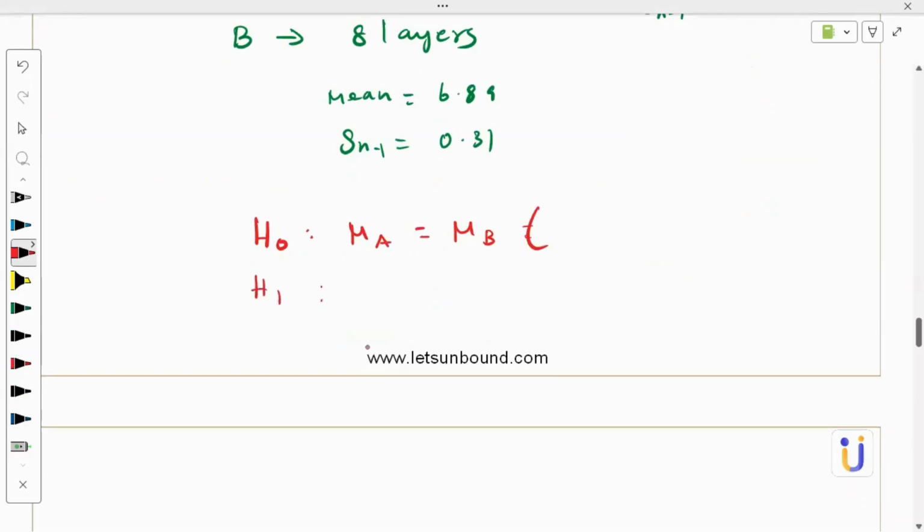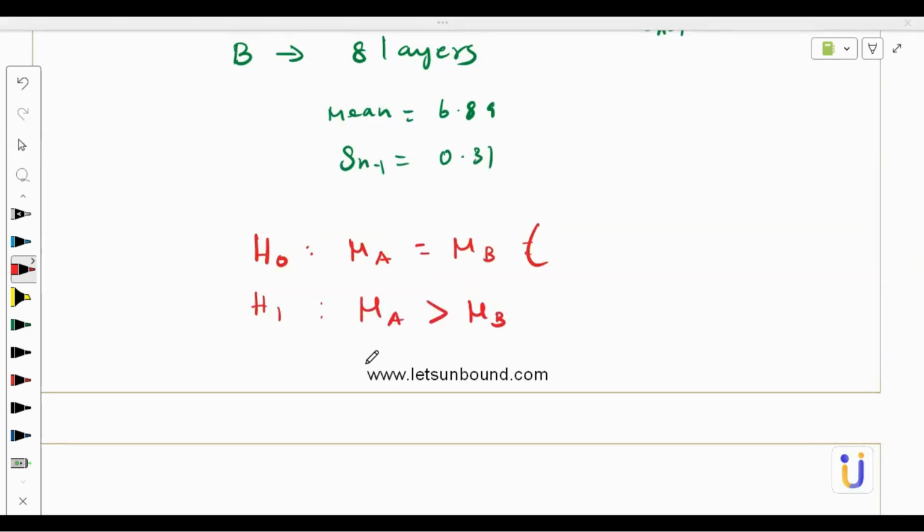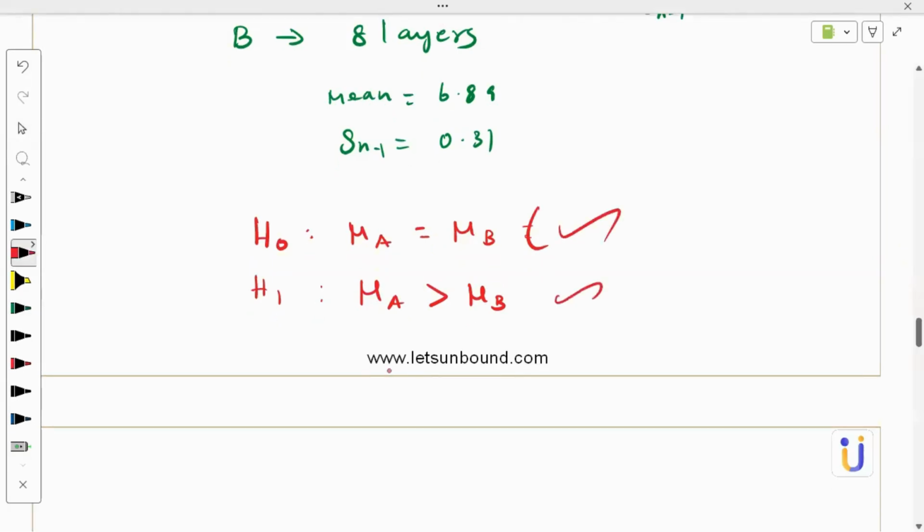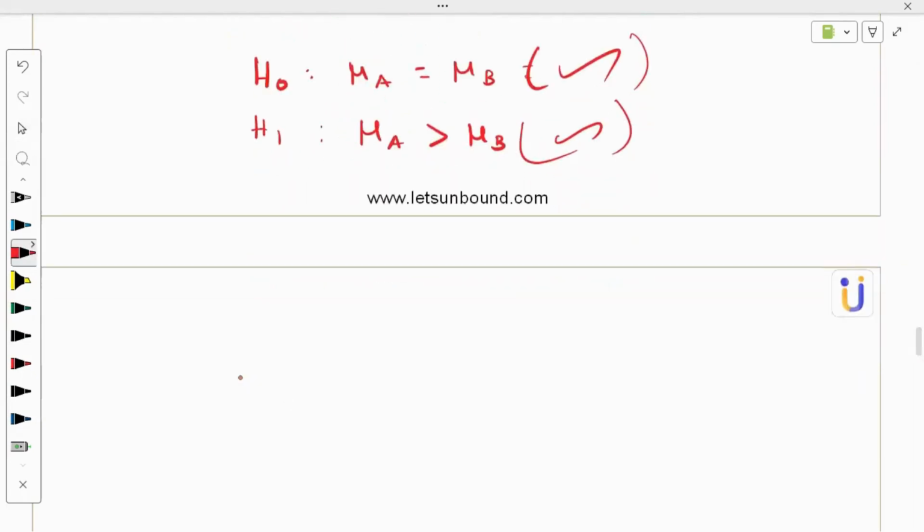The alternative hypothesis is that the mean thickness from A is greater than the mean thickness from the layers of B. And what is the employee's claim? The employee claims that machine A has more thickness. That is what comes under this. So this is all done, right? Hypothesis is done. Now we need to apply the 2 sample test.